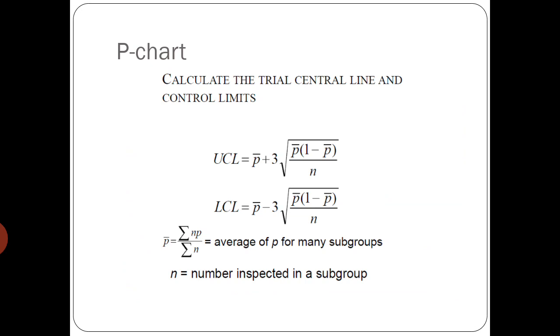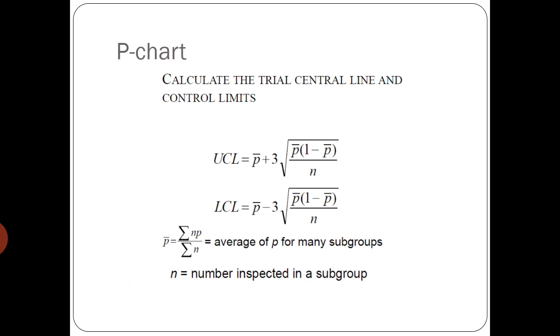So the only difference is in the formula for all types of charts. One simple sample problem I have taken: calculate the trial center line and control limits. We'll see the values later. First, just see the formula. The upper control limit for the P chart is P bar plus 3 into the square root of P bar into (1 minus P bar) divided by small n.